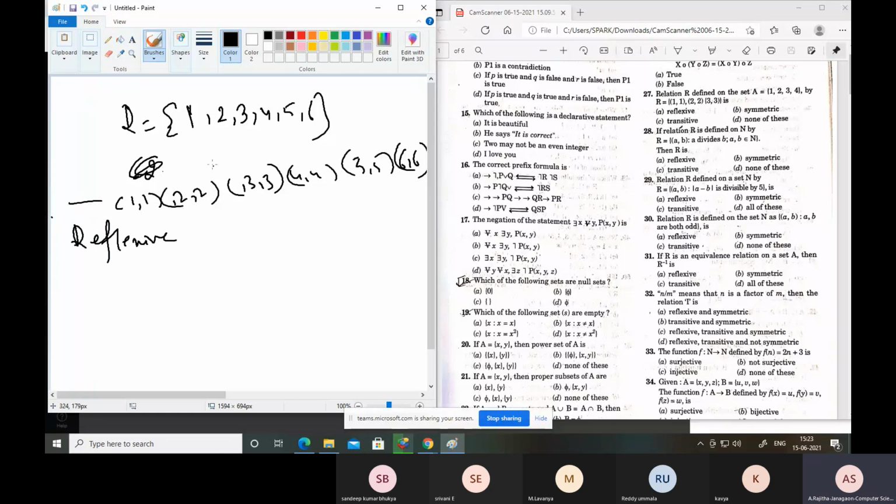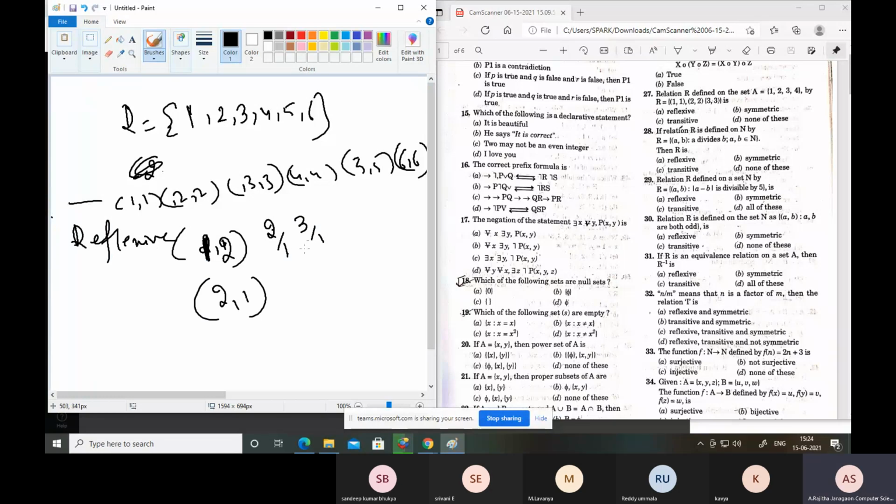Coming to the transitive property, suppose 2 comma 1, A divides B. That means 2 divided by 1, A divides B, okay, so 3, 1. Again suppose 2 comma 1, this is not divisible.